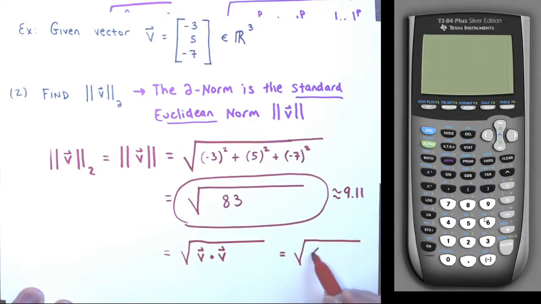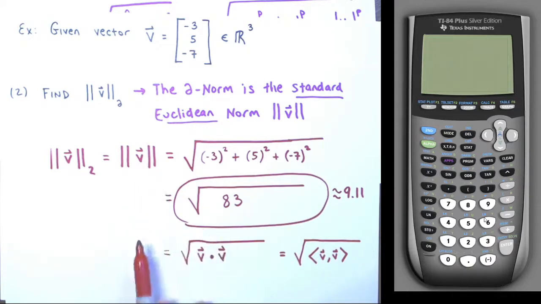If that was your inner product, this was the square root of the inner product of the vector with itself. So we're going to keep this in mind. And I had this formula written up earlier. This is going to motivate our definition of a general norm on just any inner product space coming up.